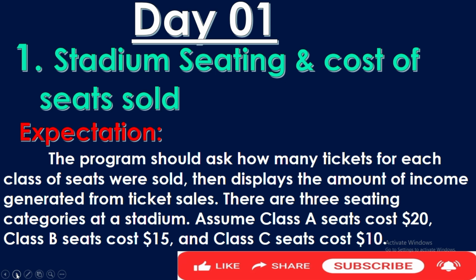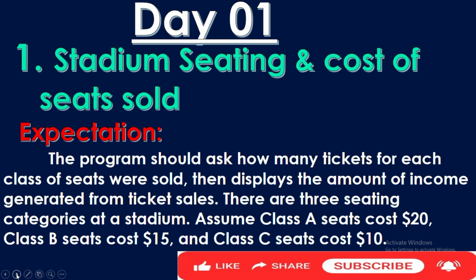So the program should ask how many tickets for each class of seats were sold. Listen very well. Then display the amount of income generated from the ticket sales. There are three seating categories at the stadium. Assume that a class A seat costs $20, a class B seat costs $15, and a class C seat costs $10.